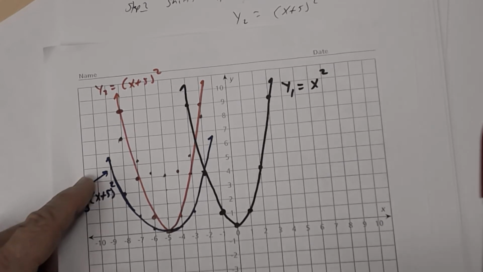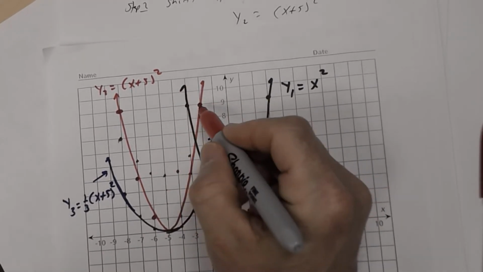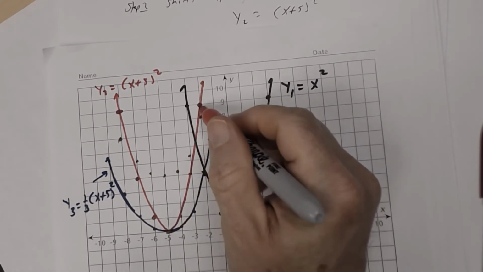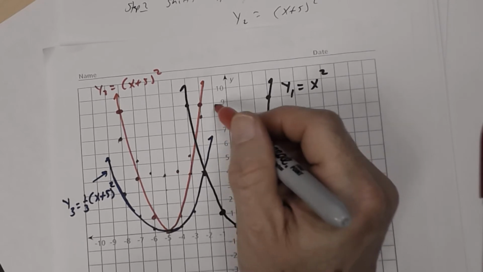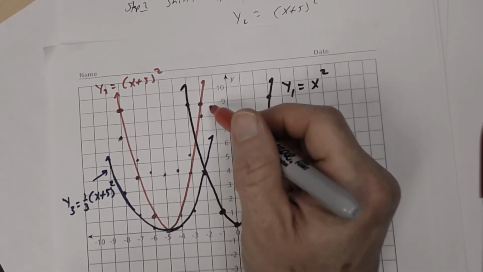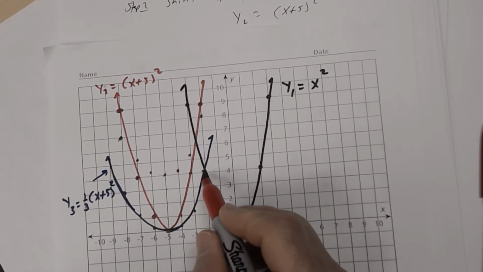Okay, so let's do this again. This point right here. So that's the point negative 2, 9. It becomes a point negative 2, and what's 9 times a third? 3. So it becomes a point negative 2, 3. So my mistake was I put 3 in the wrong place.